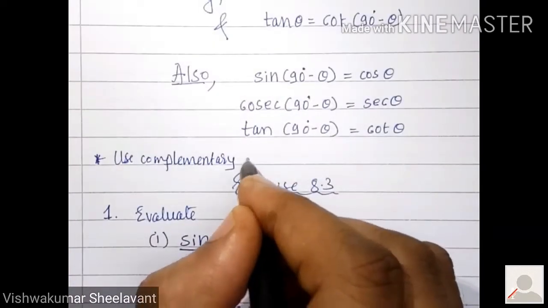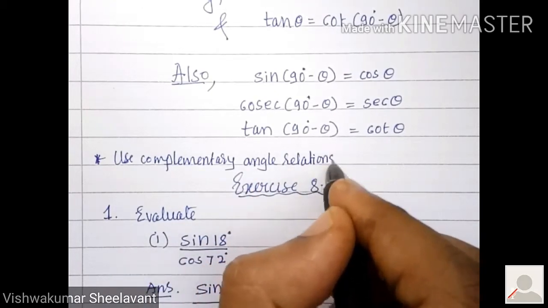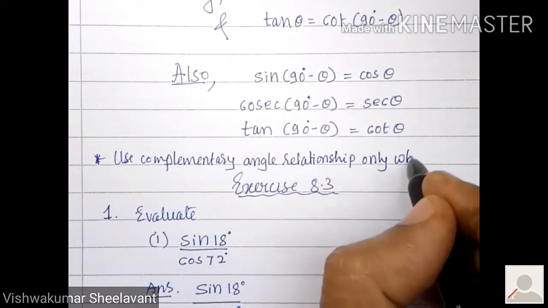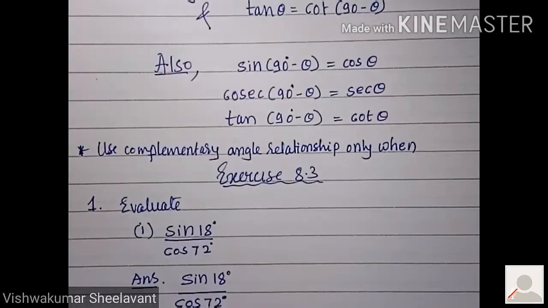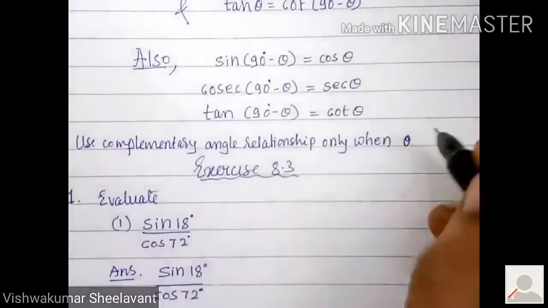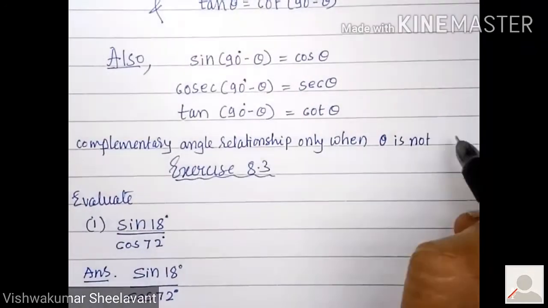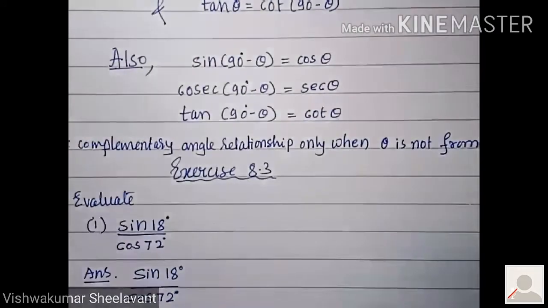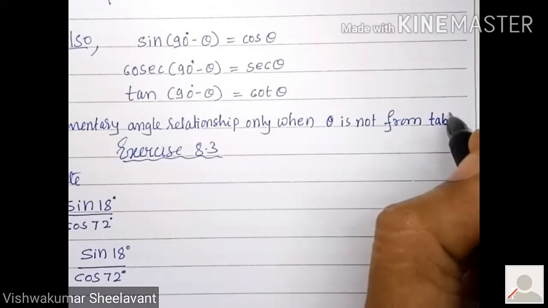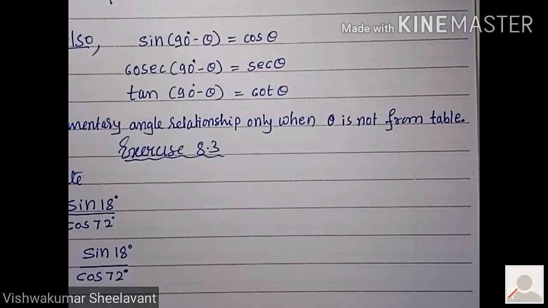Use complementary angle relationship only when theta is not from the table. This is a very important point.